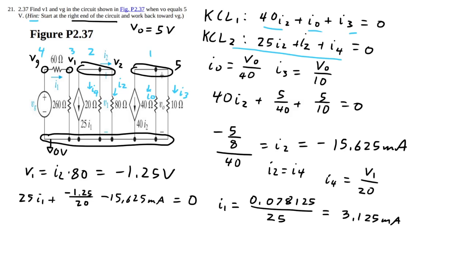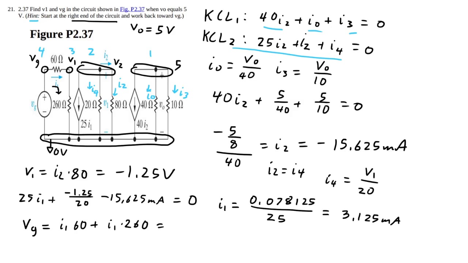Okay, so to find VG, we're going to do the I times R once again. So if we have I1 times 60 plus I1 times 260 equals VG.